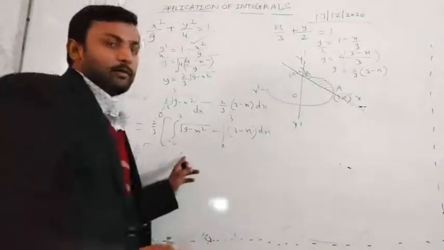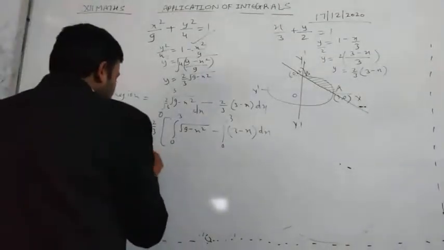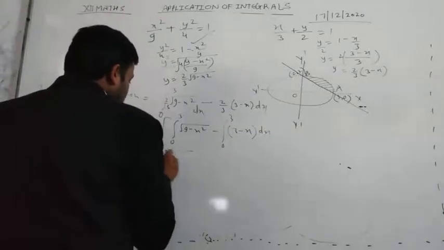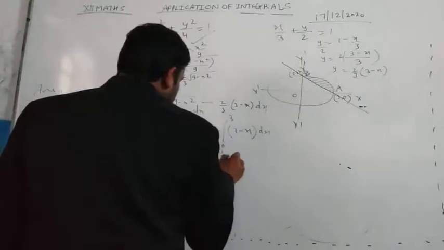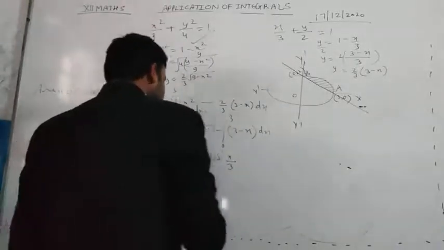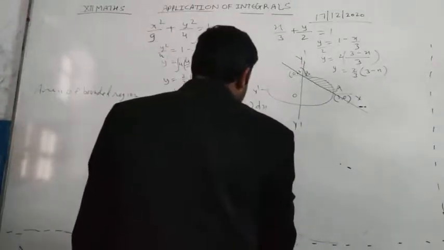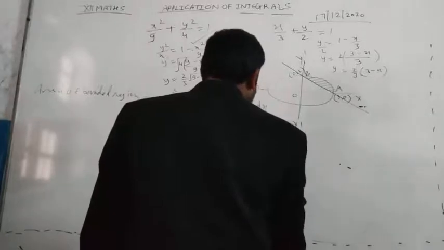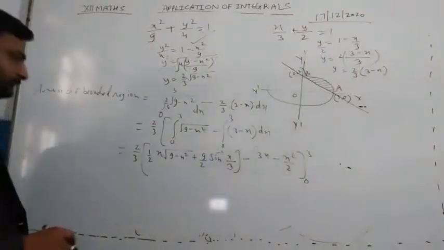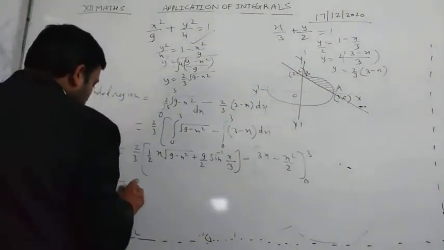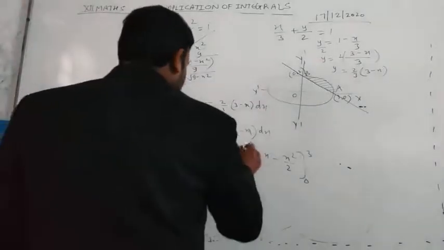Now integrate this. Here we apply the formula for √(a² − x²). Okay, student. So we write (1/2)x√(9 − x²) plus (a²/2) sin⁻¹(x/a), which is 3, and this is minus (3x − x²/2), and putting the limit 0 to 3. Now we'll further solve it and get 2/3, and here the limit is 0 to 3.